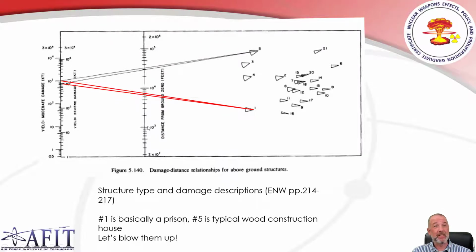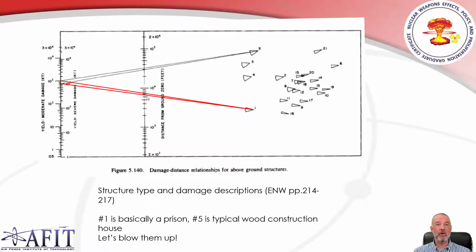But the distance at which these occur is much closer than it would be for a building of type number 5. In fact, we see that just shy of 7,000 feet is going to be our severe damage, and just over 7,000 is going to be our moderate damage. So again, a very small window over which to differentiate what you think should happen.